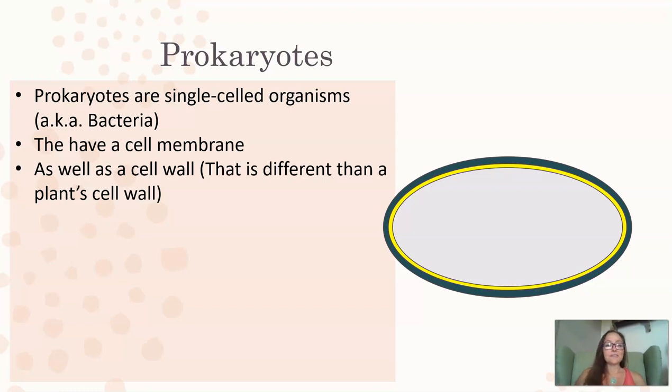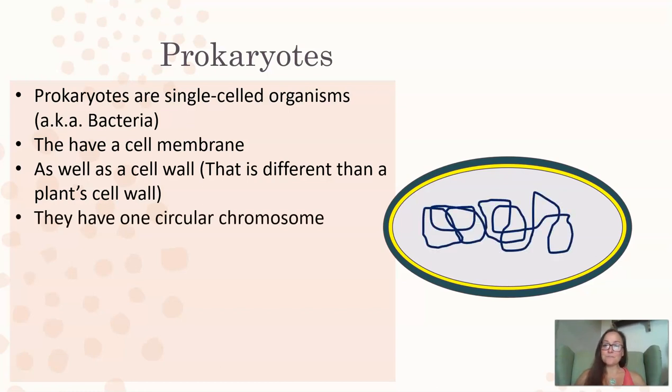And you have different classes of bacteria. They could either be gram-positive or gram-negative, and their cell walls are different, but that's beyond the scope of this class. And then they have one main circular chromosome, whereas in eukaryotes, we have linear chromosomes.